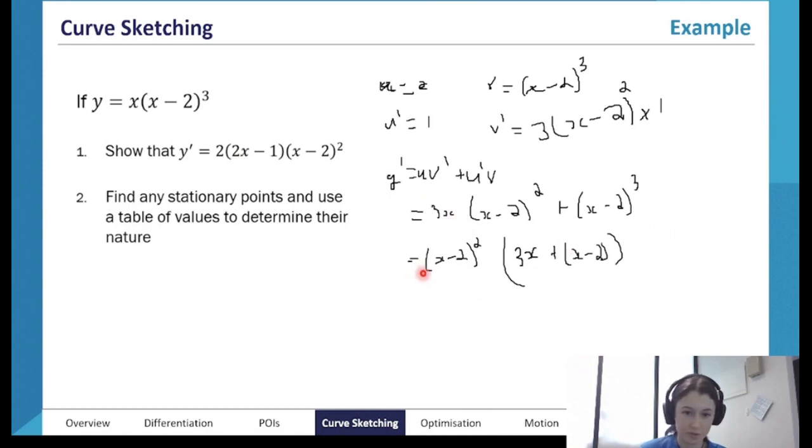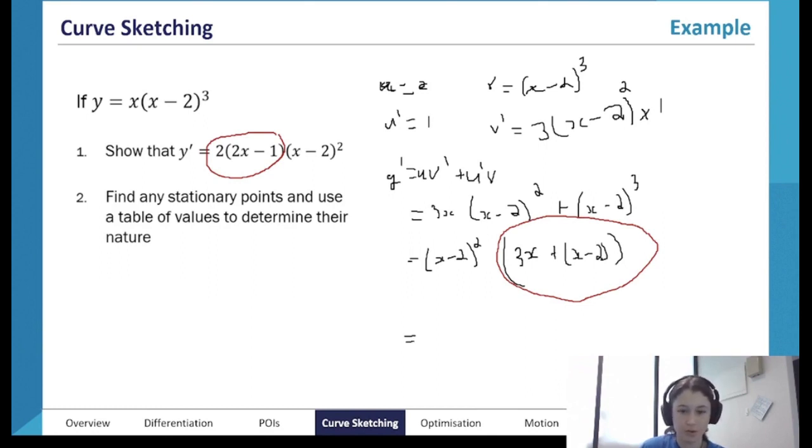So we don't want to bring an x out, but we do want to bring a 2 out. And we do also want a component that looks like 2x take 1. This section here we want to match up to this section here, because we've already got the x take 2 squared down pat.